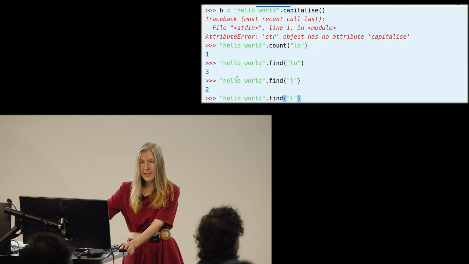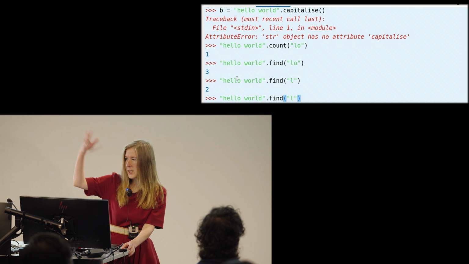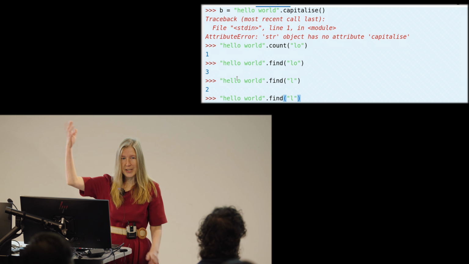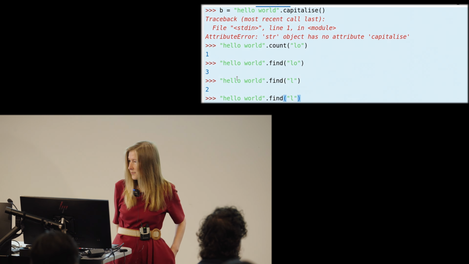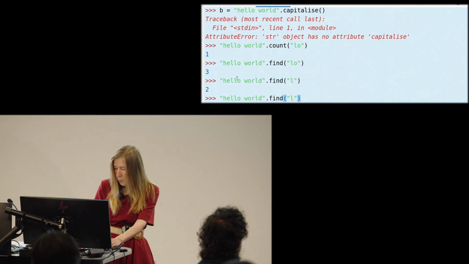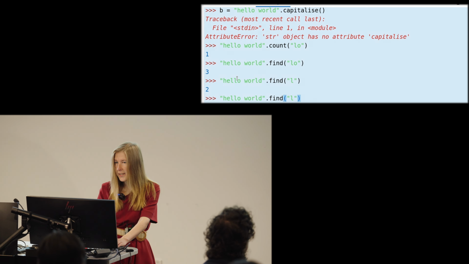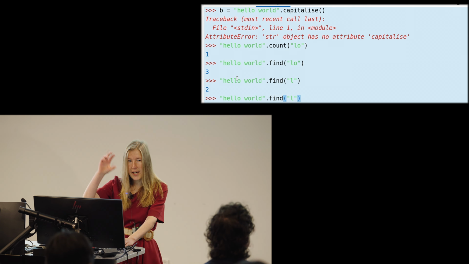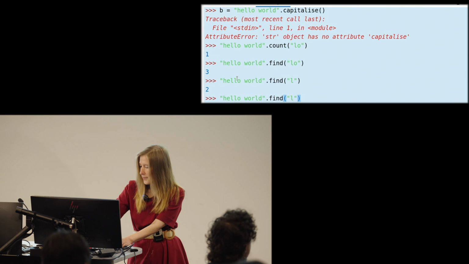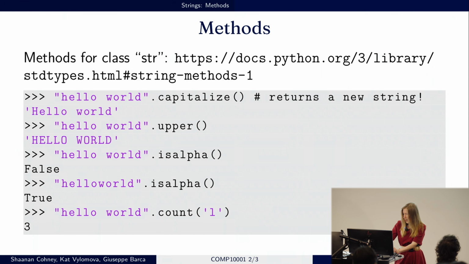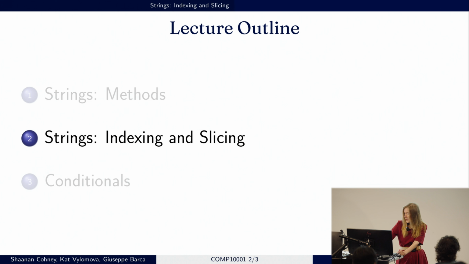You can say, okay, skip the first "l" and start from the index of, say, 3 or 4. Then you will match the next "l". But what is important about this method is that it processes the string and goes through these characters one by one. And this is our next topic, strings and indexing and slicing.